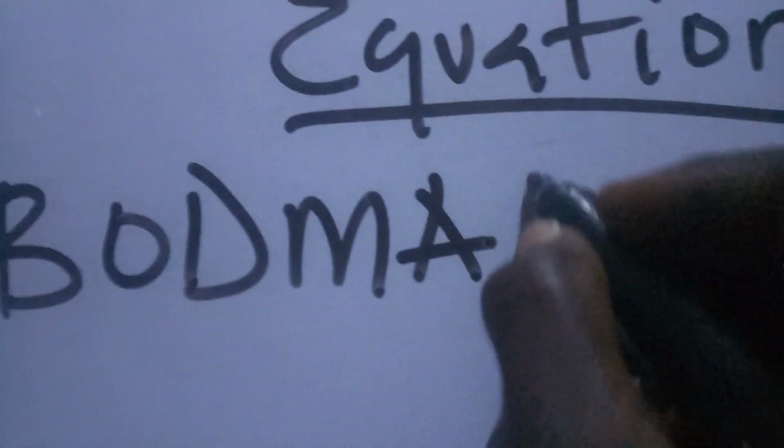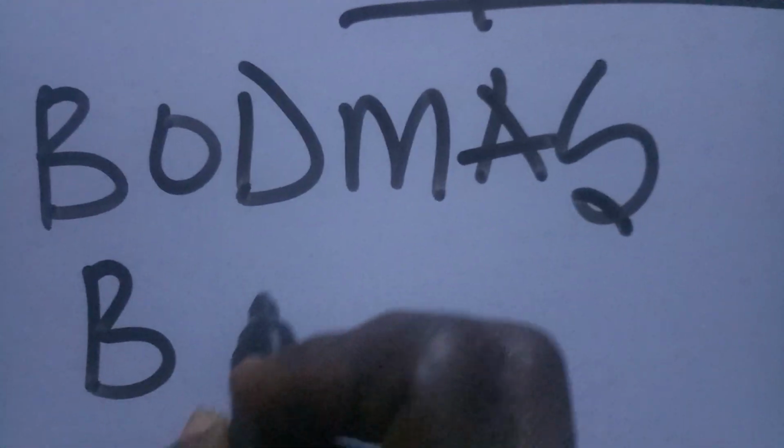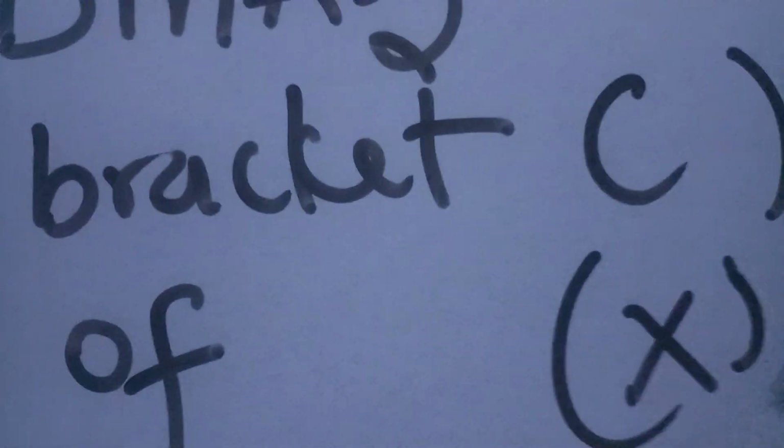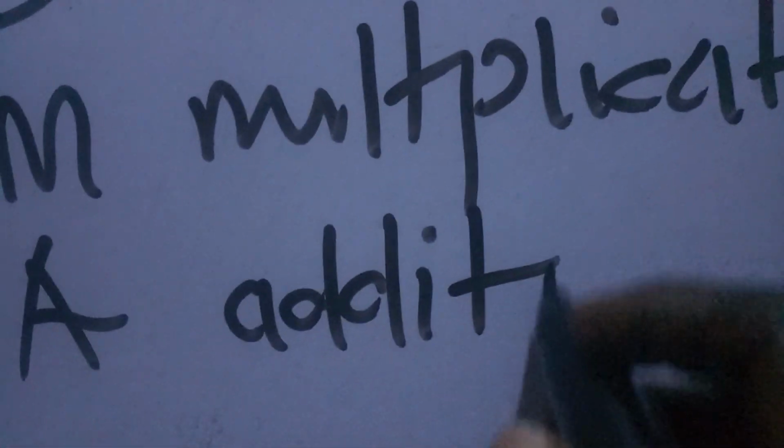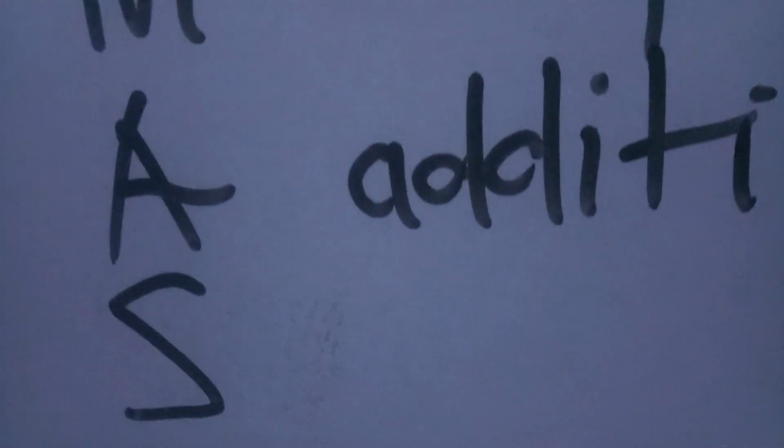Equation comes across BODMAS. That is B, bracket; O, of, that is times; D, division; M, multiplication; A, addition; S, subtraction.